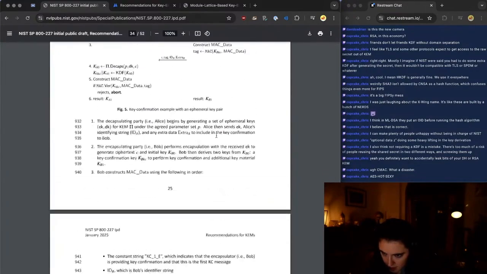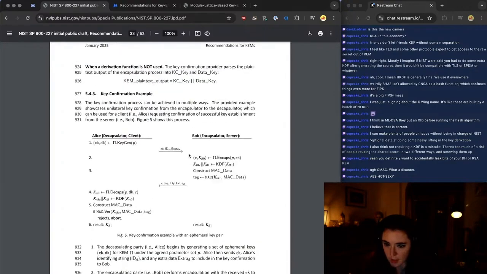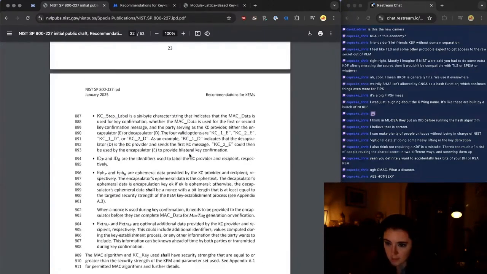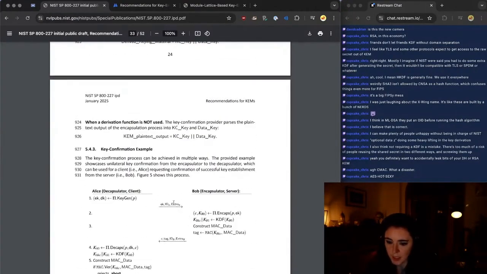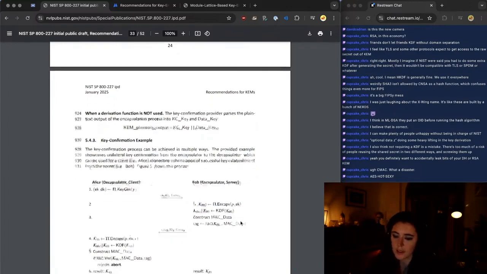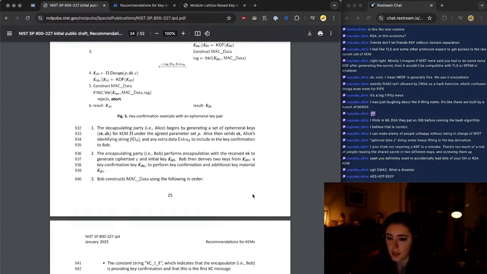Where is it? I'm not even sure. That might be optional. And there's extra data that's all public. So that's all public and visible, and any attacker can just copy that. So this is all dependent on whether this actually passes, and it will pass. It depends on the KEM, whether it's independent of the encapsulation key or not. Same as the other one that was not doing key confirmation.